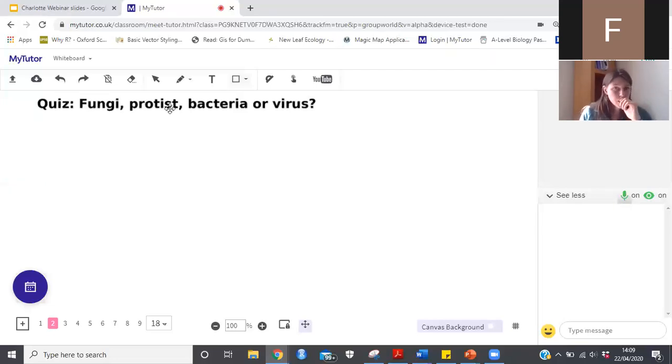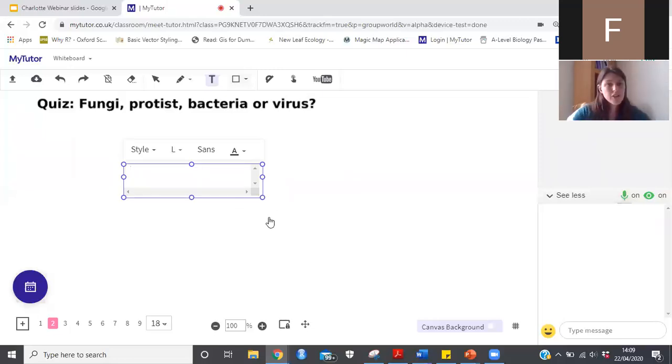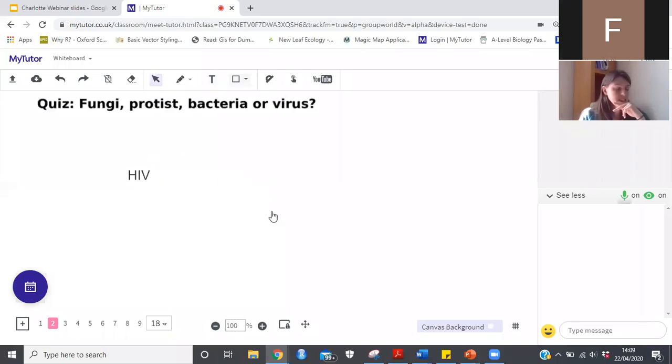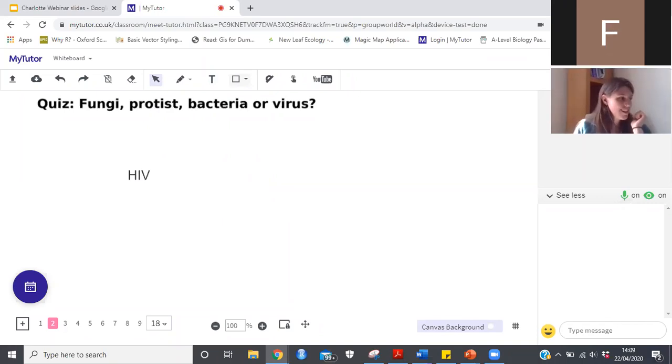Okay, so quick quiz. Is this pathogen a fungi, a protist, bacteria, or virus? Answer in the chat. HIV, which is human immunosuppressive virus. Very good, lots of virus coming in.